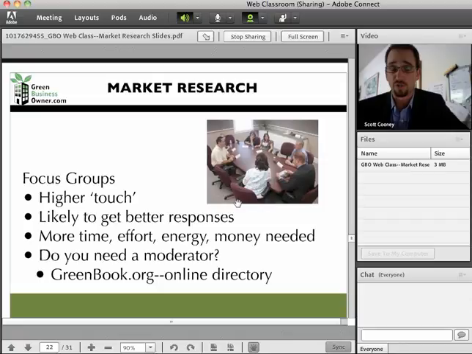And in addition, of course, if you run the thing in a disorganized fashion, you'll learn a lot less than if you run it in a very professional fashion. So you can either learn to run it much more professionally, and you can certainly do a Google search and say, how do I run a good focus group, and you'll get some good tips. Or you can hire a moderator.